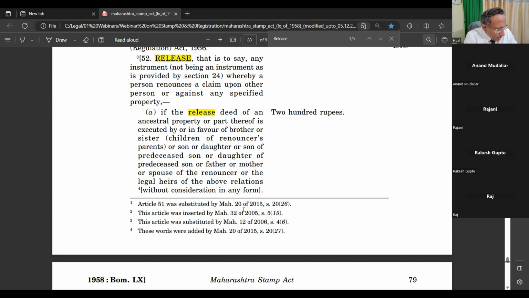Now C wants to take that property. Technically, the owner of the property is A. A wants to give it to C. C will not take directly from B, because he is aware there is a role of B. So B will be joining as a confirming party.